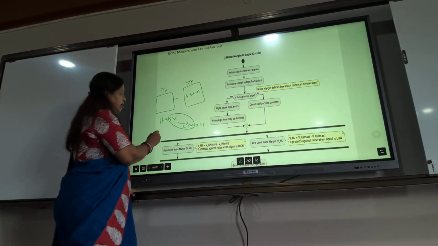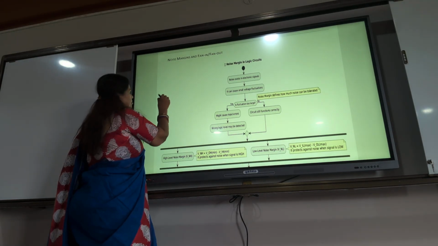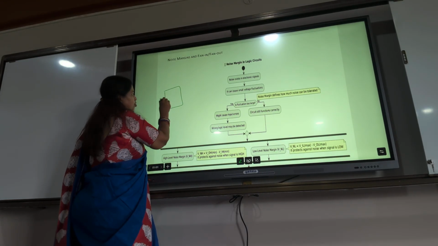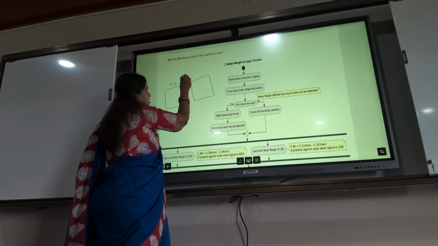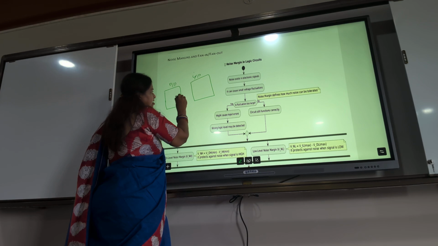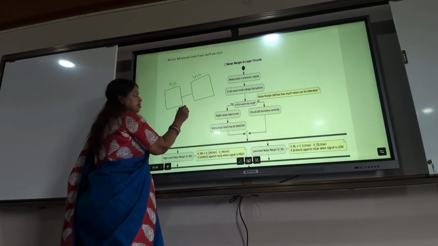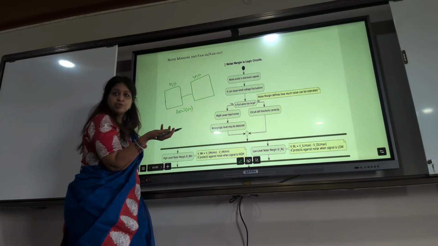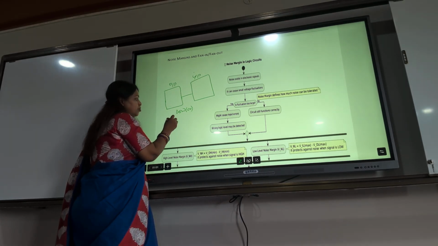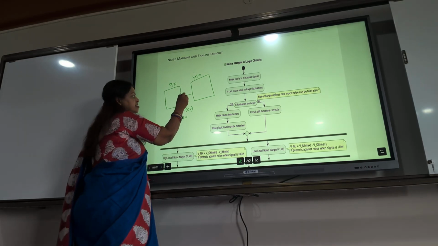Then coming to the low side. This is the output of a device, this is the input of a device, and here I am sending the low signal. The low signal is actually 0 volt. But due to noise, what happens? 0 volt is added with some 1 volt, so it is going as 1 volt.